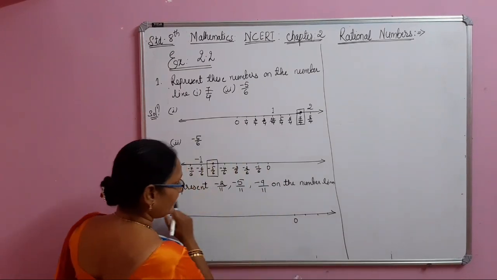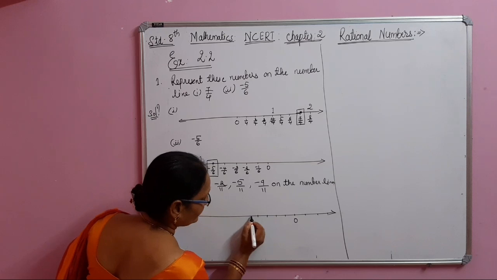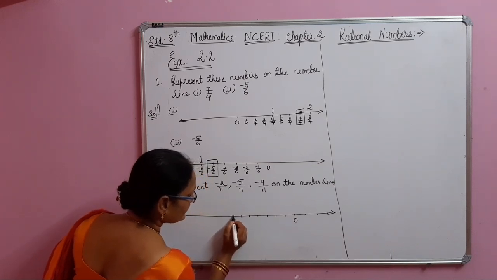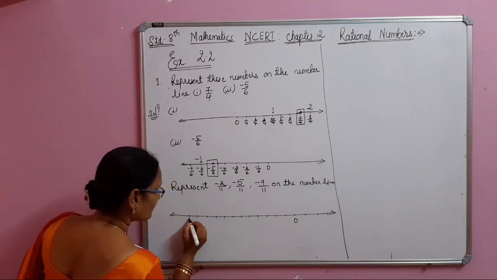Here 11 parts. So 1, 2, 3, 4, 5, 6, 7, 8, 9, 10, 11, 12.